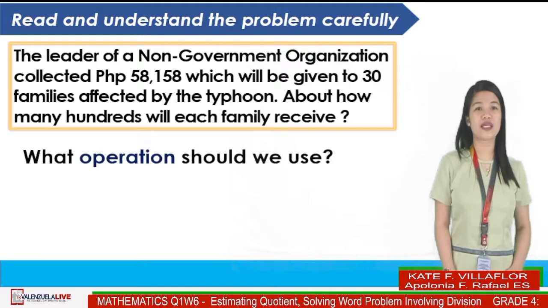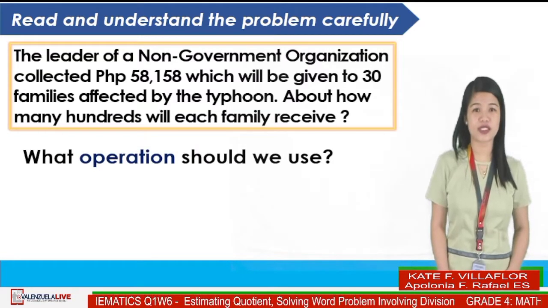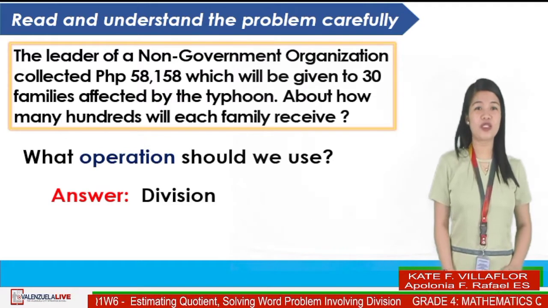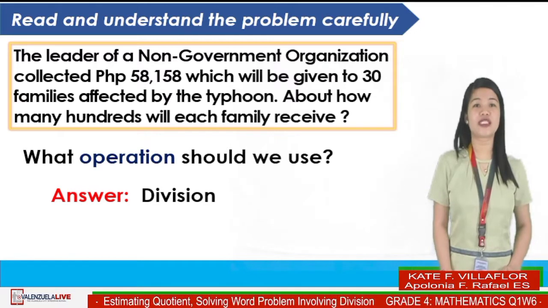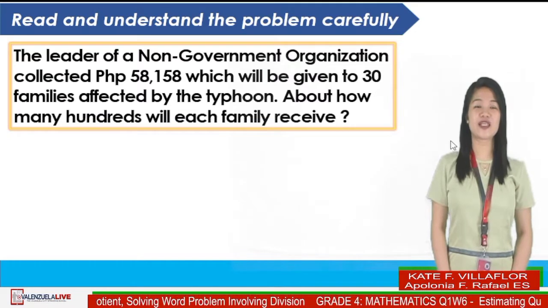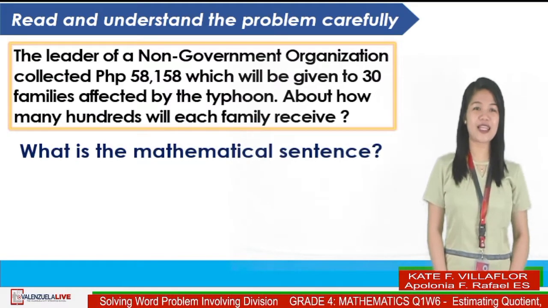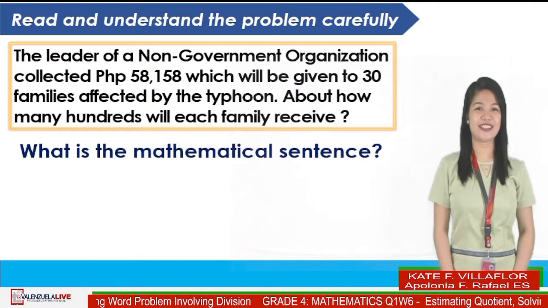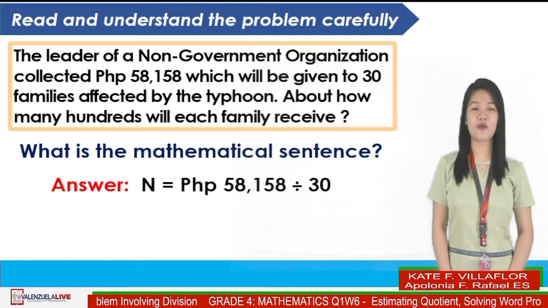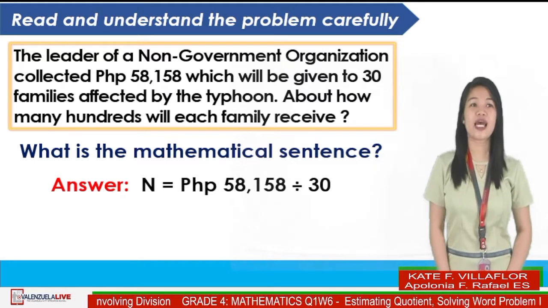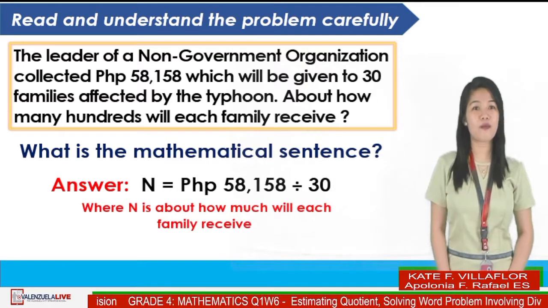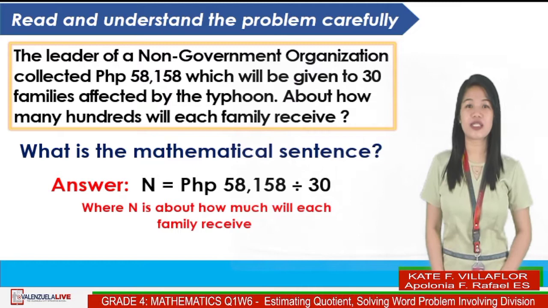How about the operation we should use? Very good. We're going to use division. Next, what is the mathematical sentence? Very good. N equals 58,158 pesos divided by 30, where N is about how much each family will receive.